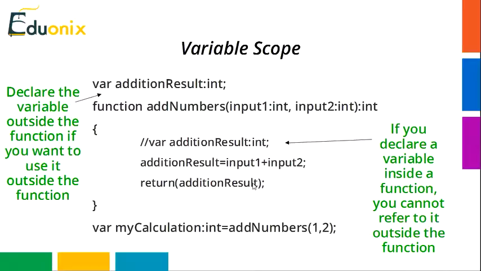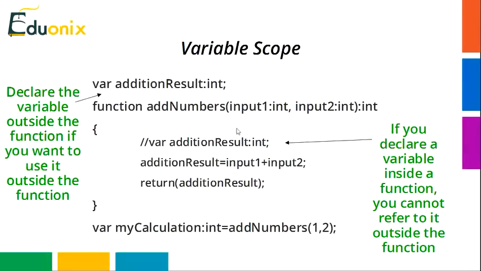One other thing you need to be aware of when using functions is something called variable scope. And all that variable scope means is that if you declare a variable outside functions, they are accessible both outside and inside functions. However, if you declare a variable inside a function, that variable is only accessible between the two curly brackets.